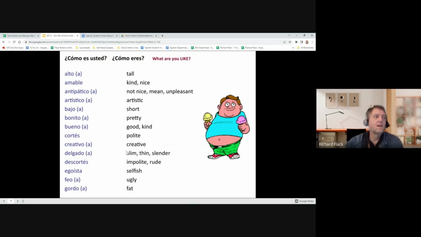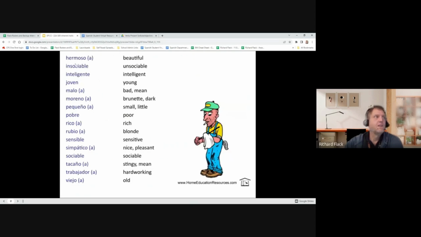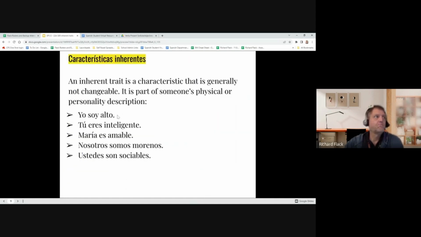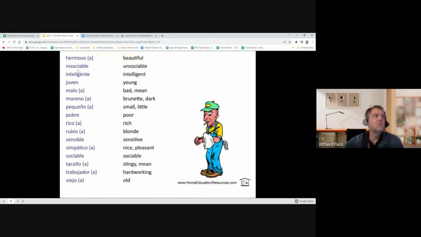Creativo, creative. Delgado, slim or thin. Descortés, impolite or rude. Egoísta, selfish. Feo, ugly. Gordo, fat. Hermoso, beautiful. So again, this is one that could be male or female, interchangeable with bonito. Insociable, unsociable.